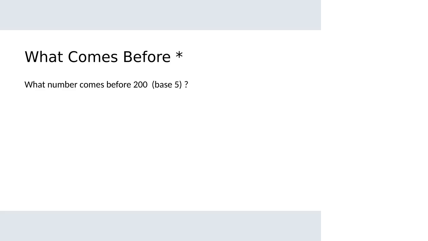That might help you answer the question. Some of you may be getting completely comfortable with this and not even need that step. That's okay too. Either way, it doesn't take very long to write down the digits that we have available in base 5. So if you write those down, that can be really helpful.